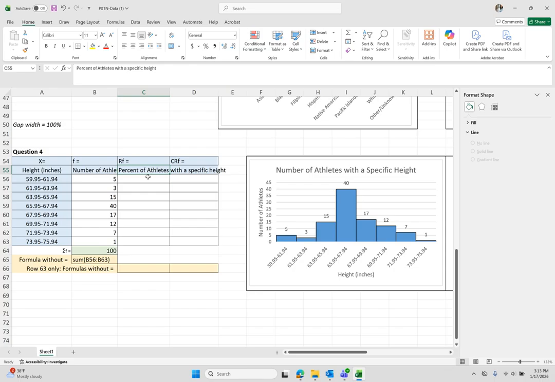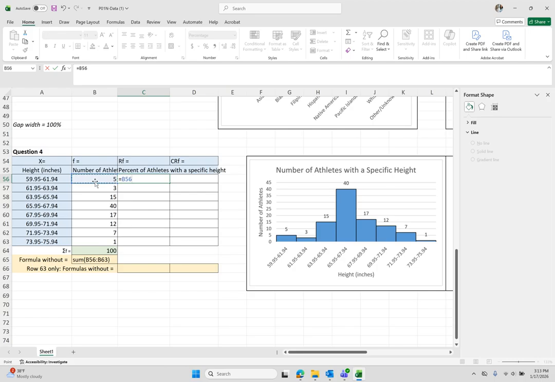And to find percent, if you remember from the previous questions, we divide the number in the category by the total. So if I press equal here, because I need to use the Excel calculator to find that, the number of athletes in the first class, 59.95 inches to 61.94 inches, is 5.